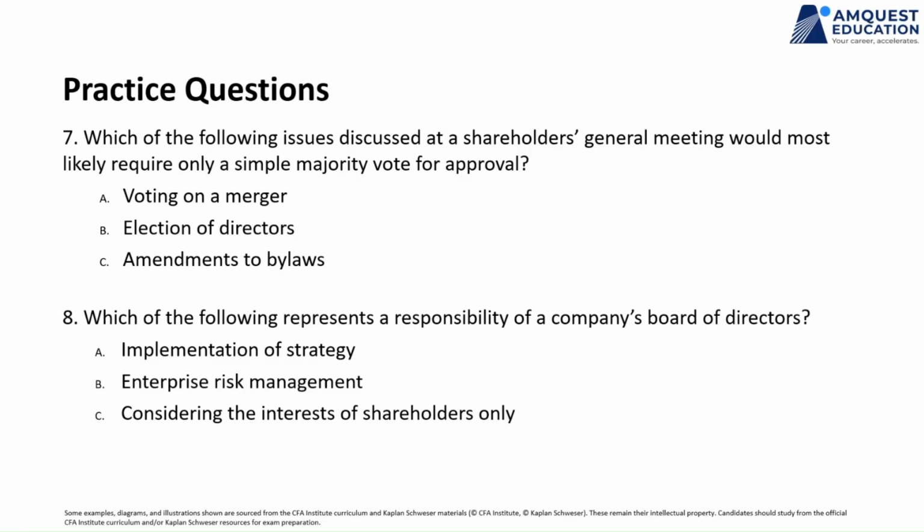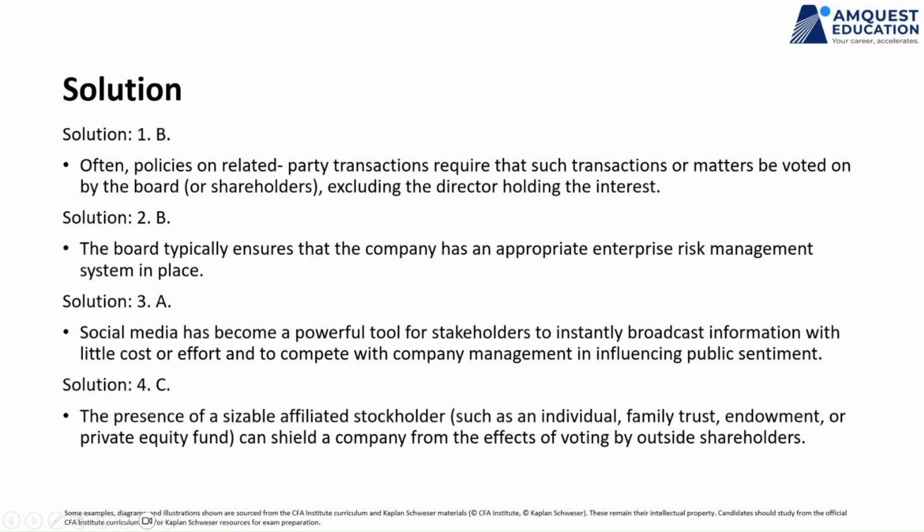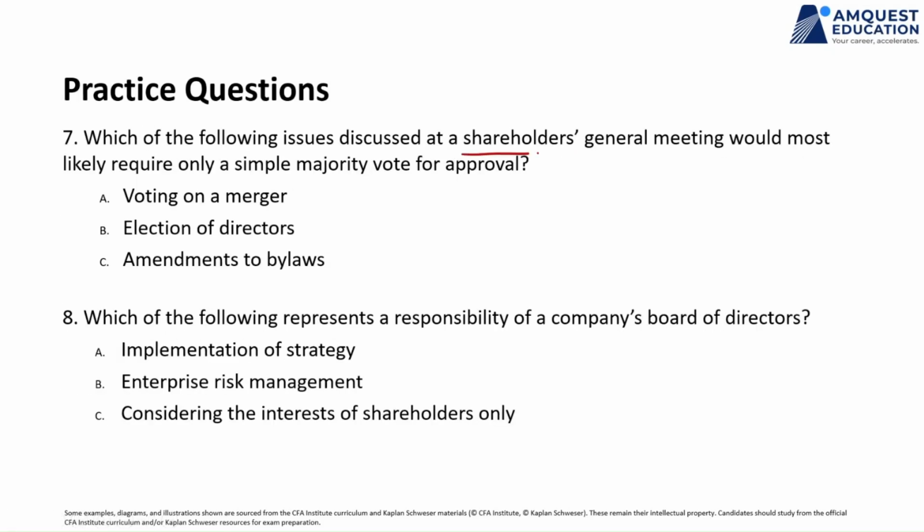Yes, generally, when you're looking at a shareholders general meeting, right? What are the issues discussed at a shareholder general meeting? Mostly it is election of directors. Voting on a merger, amendment to bylaws is typically not discussed at a general meeting, right? A general meeting is more about election of a director. These are things for which you will have an extraordinary meeting to be arranged.